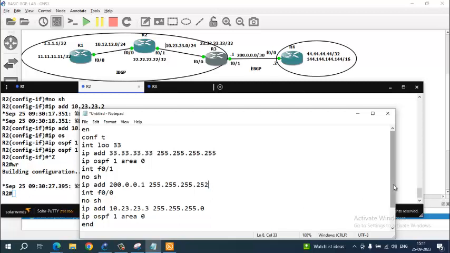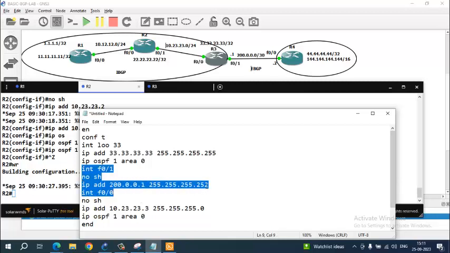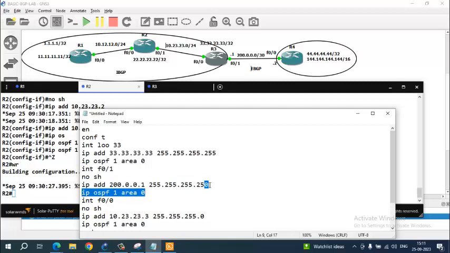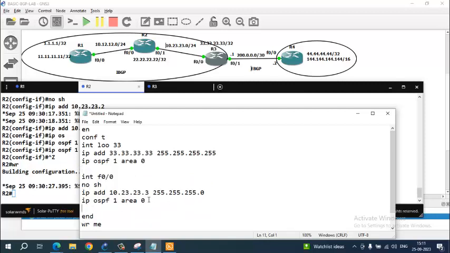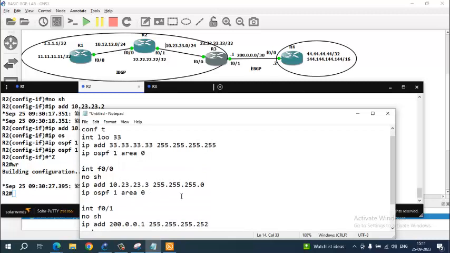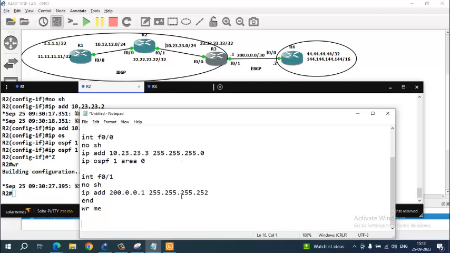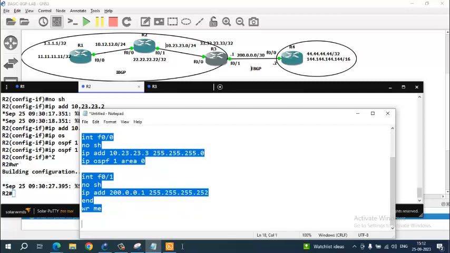That's right, you're right. Slash 30. Either 248 or it should be 252 because it's /30. Okay. Now, no OSPF on the WAN facing interface. No OSPF because it's a WAN interface. Put this on R3.